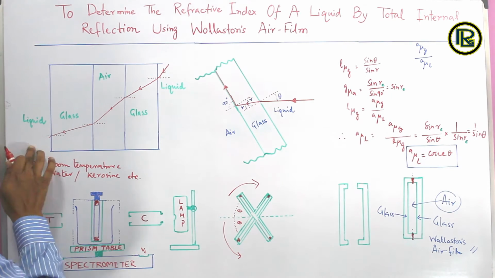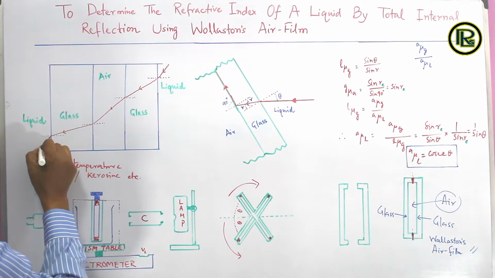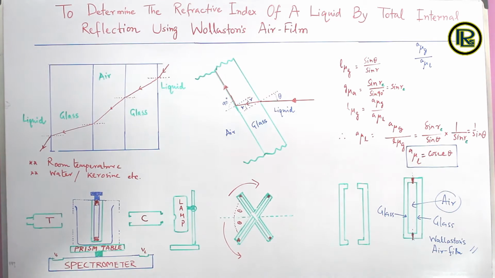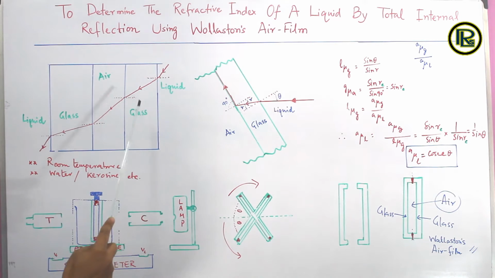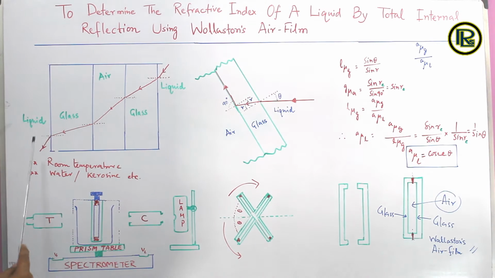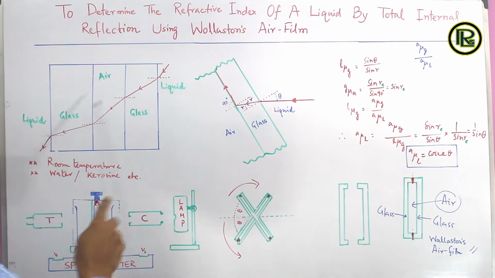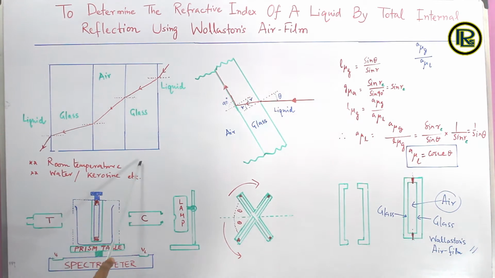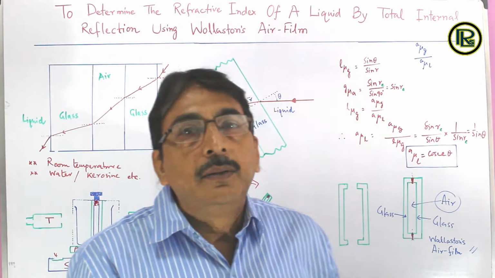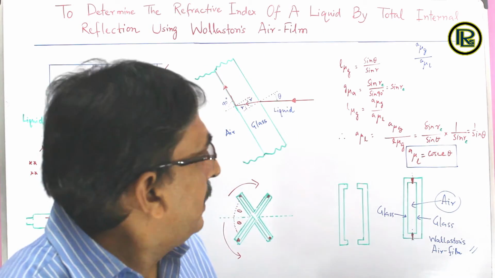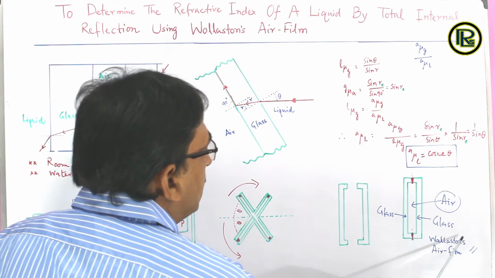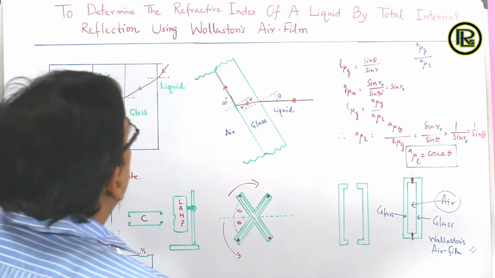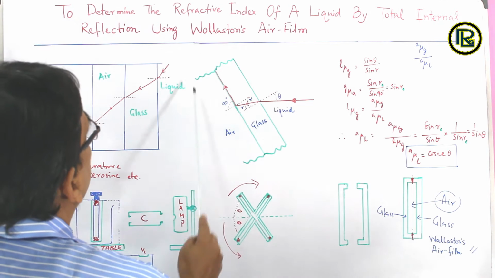So normally these two rays will be parallel to each other. So there is only a shift in the position, but the direction remains the same. So this is parallel to this and there is a shift in this direction. It was supposed to go like this, now it is going this way. Now if we use the Wollaston's air film, the situation is like this.